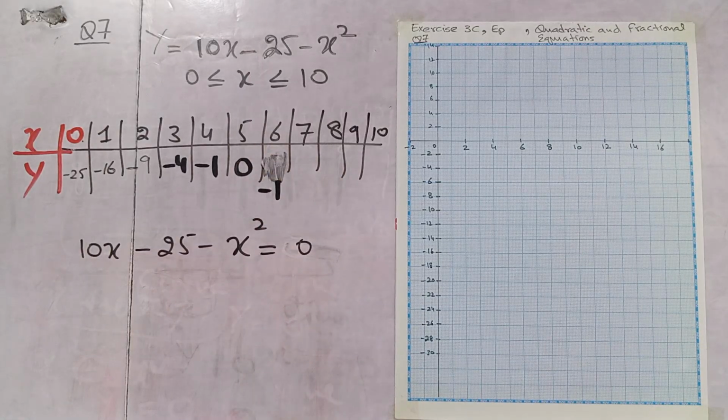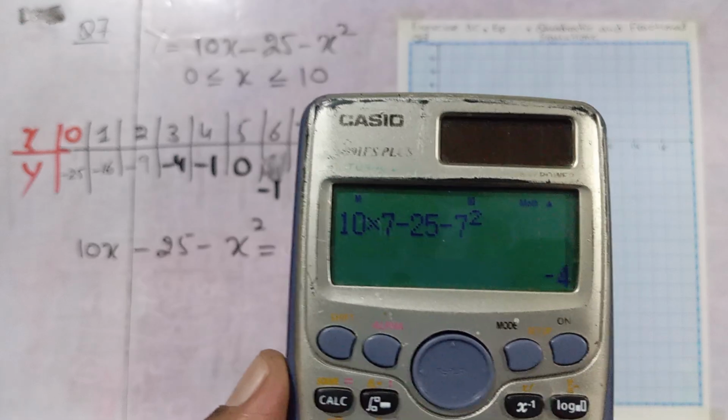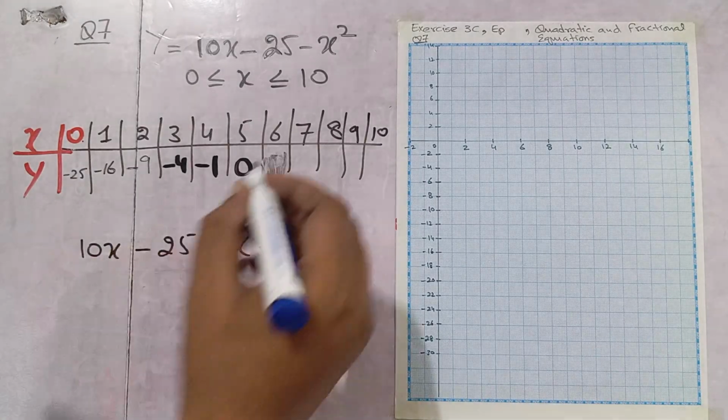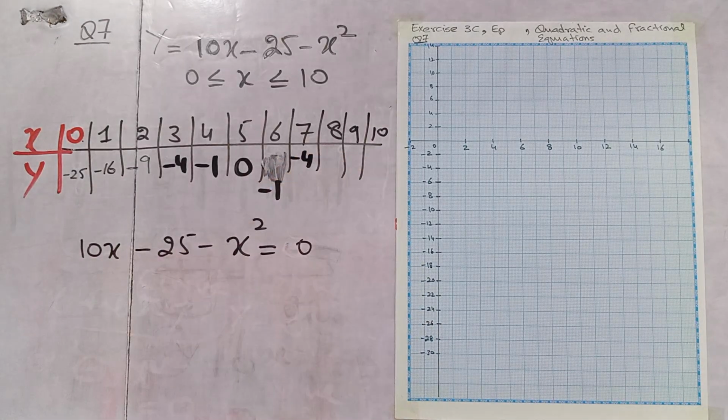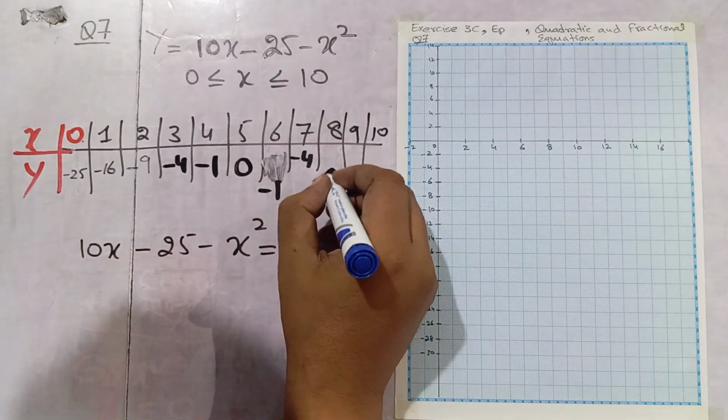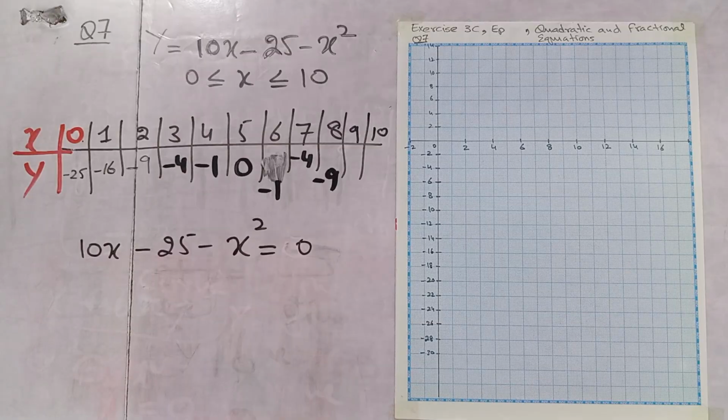Okay, so 7. 10 multiply 7 minus 25 minus 7 square equals, I'm entering these values on my calculator, you see. So the answer is minus 4. So for 7 it is minus 4, and for 8, 10 multiply 8 minus 25 minus 8 square will be equal to minus 9. So this is minus 9. Okay, then I will enter 9.